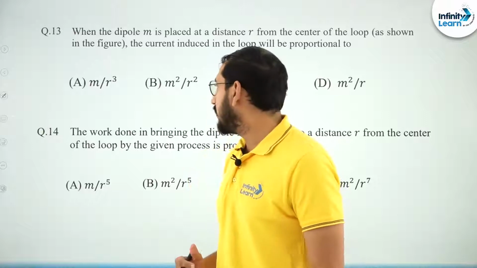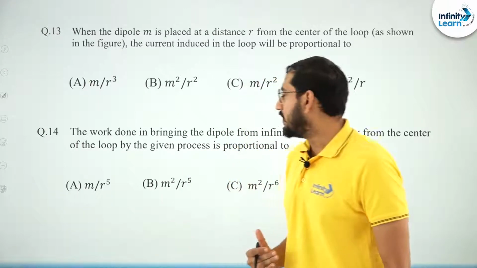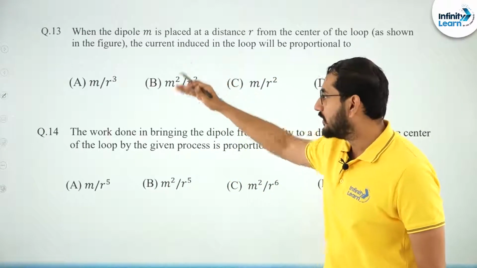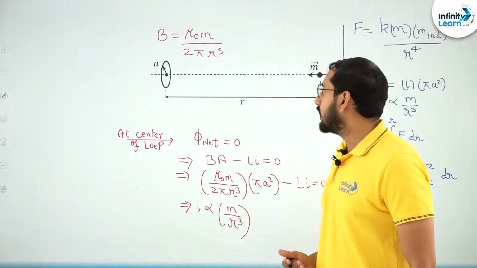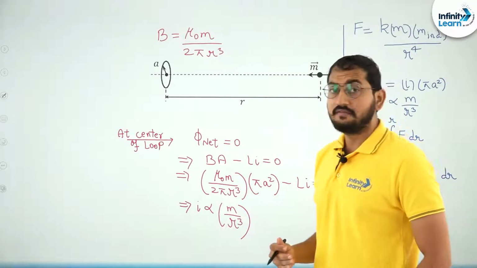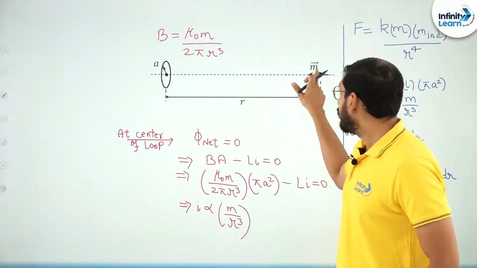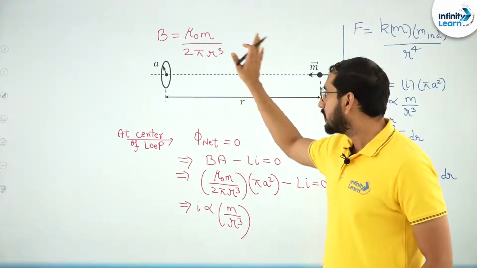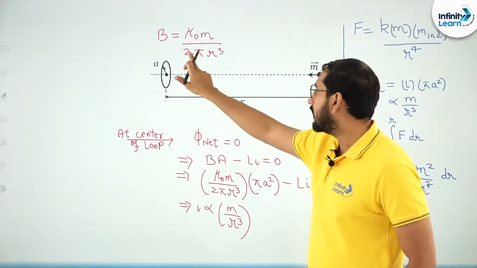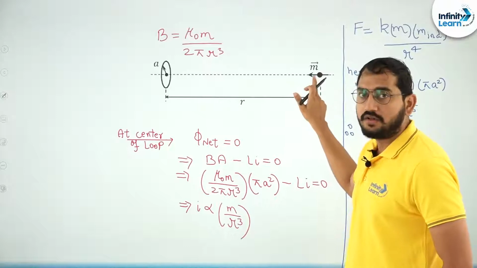Okay, so we'll go one by one, and first I'll discuss question 13 and then question 14 since both are connected. Okay, so in the question number 13 part, it is given that the magnetic field produced by this magnetic dipole is given as mu naught m by 2 pi r cube. So this at a distance r is the magnetic field due to this dipole.